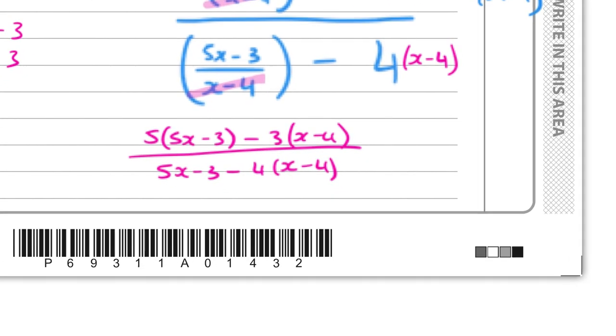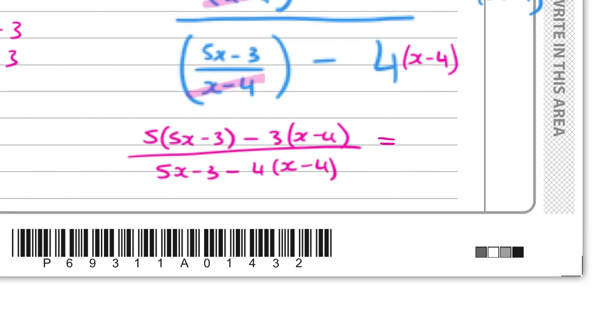So now I can go ahead and expand and simplify. 25x minus 3x is in fact 22x. Then I'm going to have minus 15 plus 12, which is minus 3. Now, you might want to do this step by step. That's fine because there is a minus here, so watch out for that.